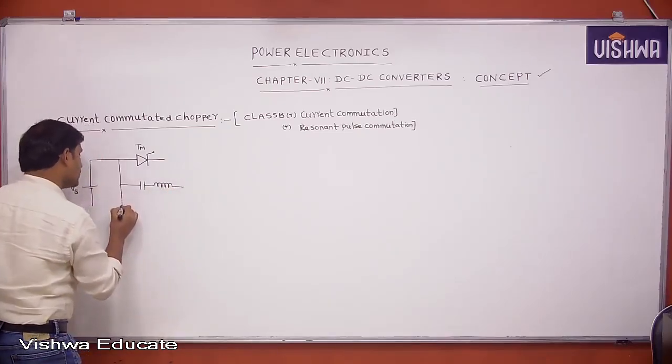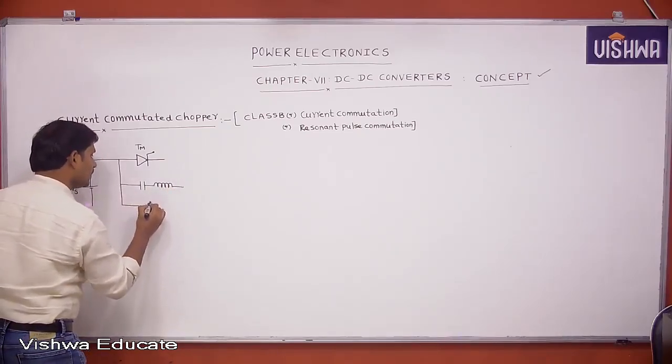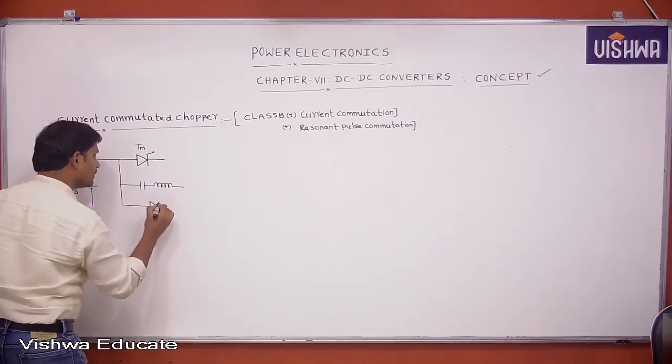Here we are using an auxiliary thyristor. TA is the auxiliary thyristor.